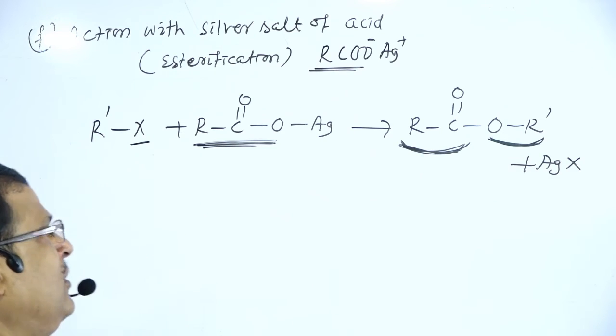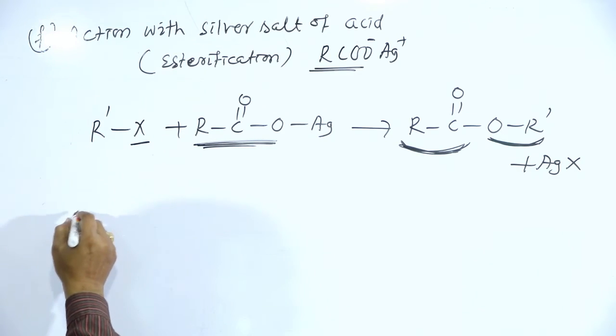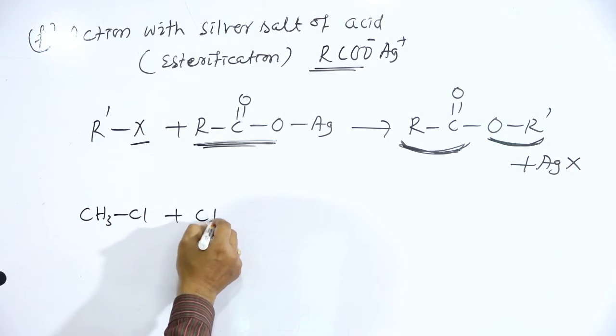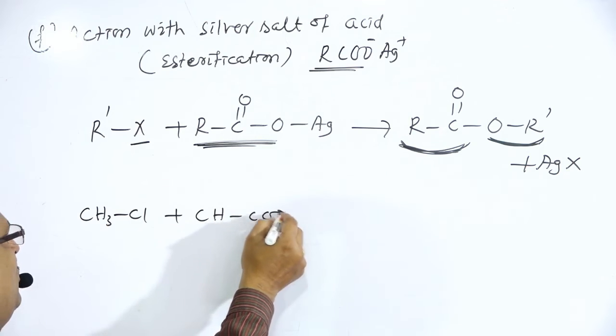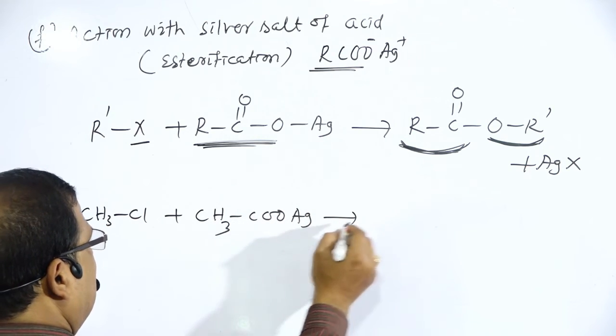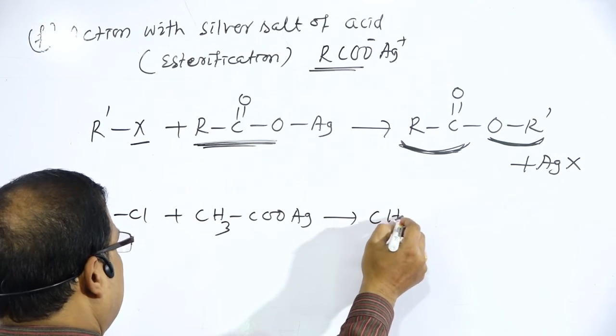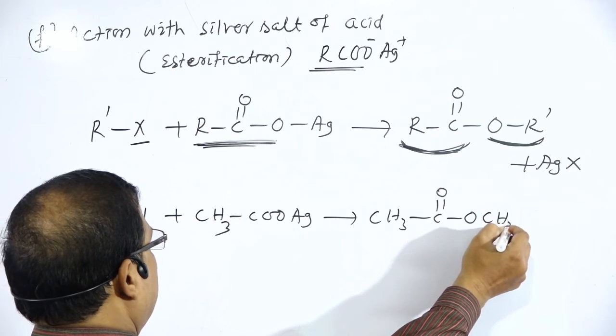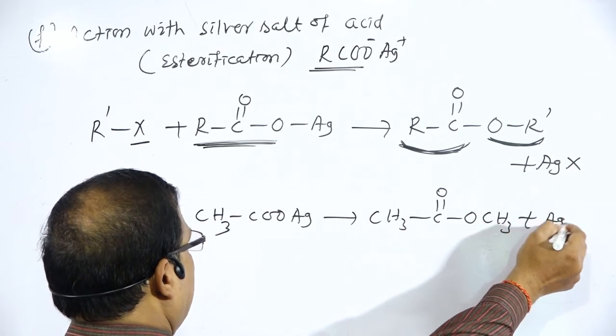For example, if we take CH3Cl treated with CH3COOAg, there is the formation of CH3COOCH3 plus AgCl.